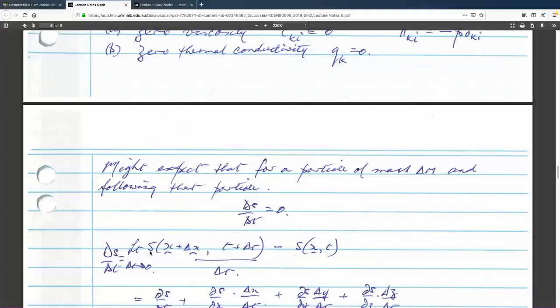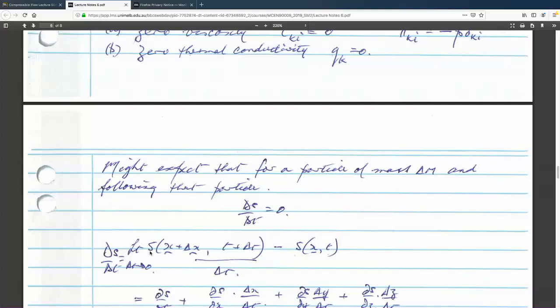That's what I mean. And delta x is special. Delta x is going to be equal to u delta t. The particle has a velocity in the x direction, u, so in a time delta t, it moves only u delta t. That's delta x.